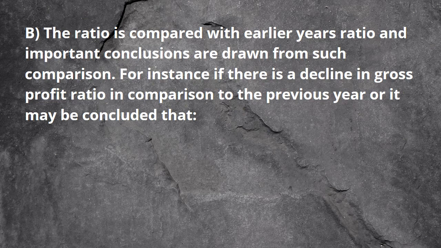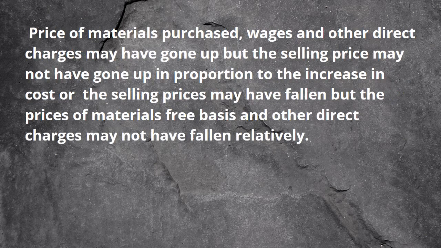For instance, if the gross profit ratio is declining in comparison to the previous year, what can be the conclusion? It may be concluded that the price of raw material purchased, wages and other direct charges may have gone up. Gross profit is declining.